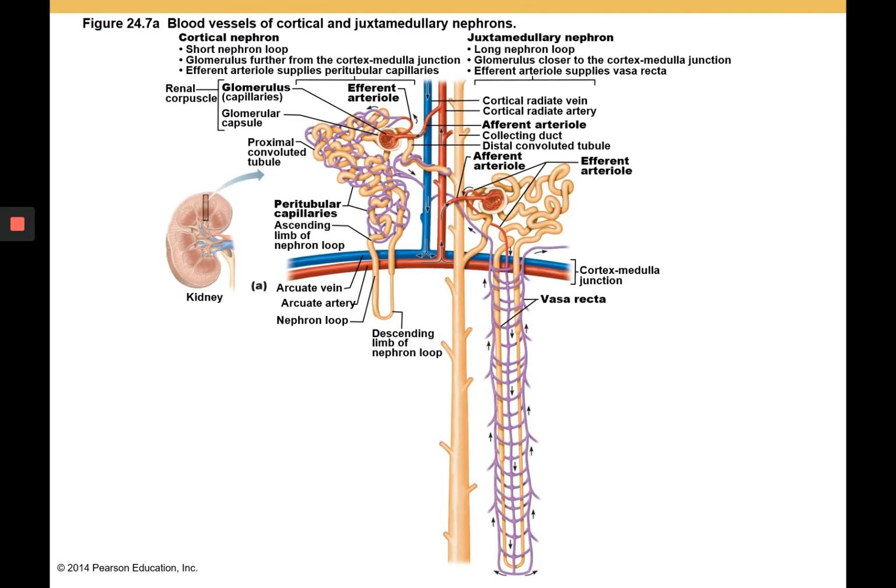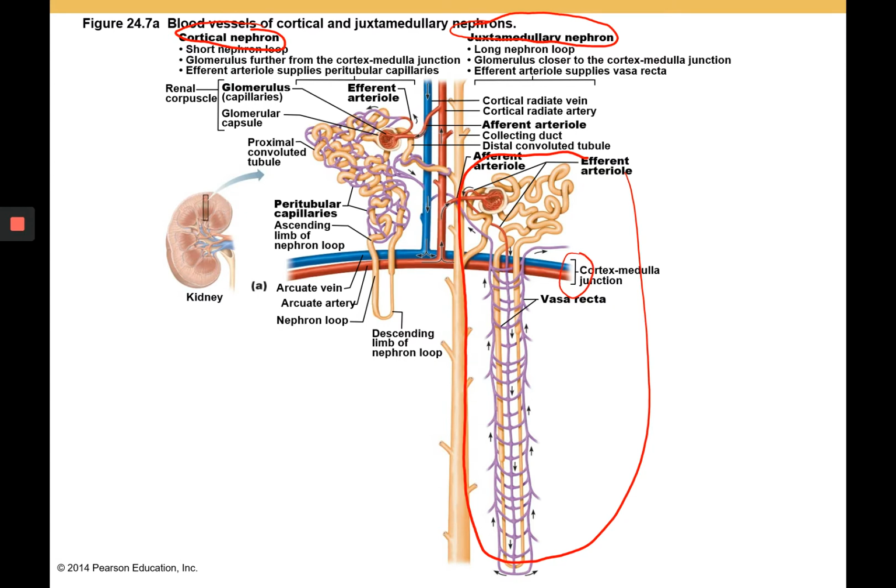So that's what we can see here. We can see some differences between cortical nephrons and juxtamedullary nephrons. There is a short nephron loop for cortical nephrons, a long nephron loop for juxtamedullary nephrons, and we see over here that the juxtamedullary nephron is a lot closer to the cortex-medulla junction, and its loop invades the medulla.